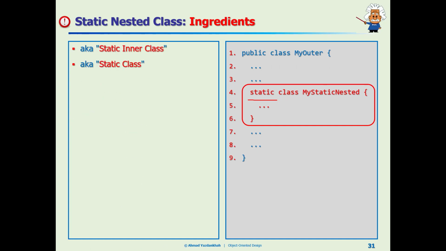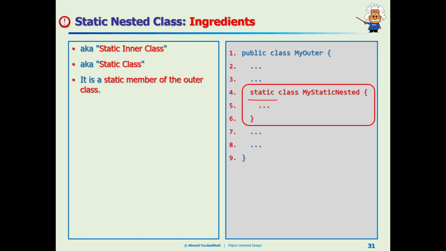So we called it a static nested class mostly, but it is also known as a static inner class or a static class. Okay, so as its name is saying, it's a static member, right? So since it is a static member, it has its own restrictions.